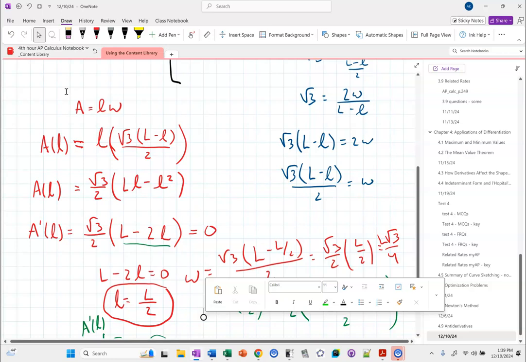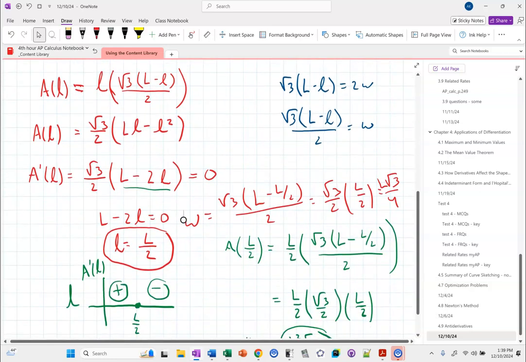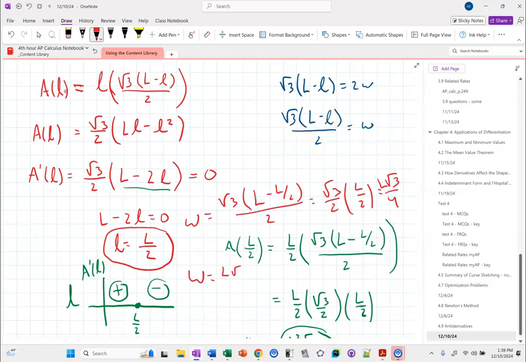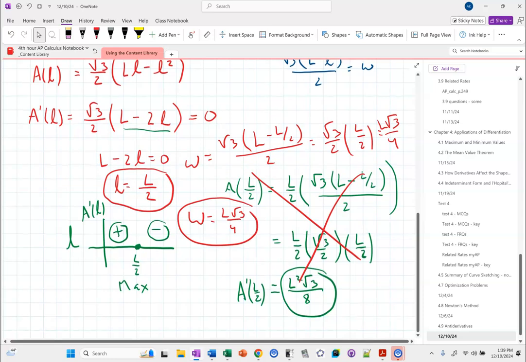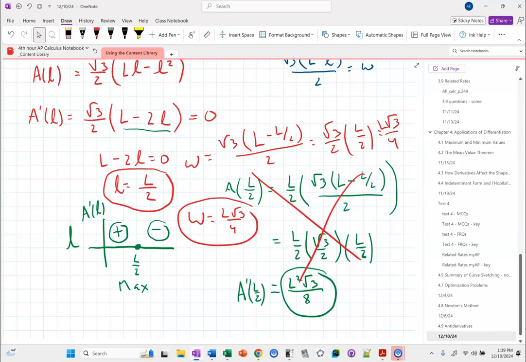So that's my width then. I didn't need to do any of that. The graph I needed to make sure it was a maximum, but to find the area, it didn't ask for the area. It asked for the dimensions that would maximize the area. I misread the question. But Paulo, that's the gist of it.